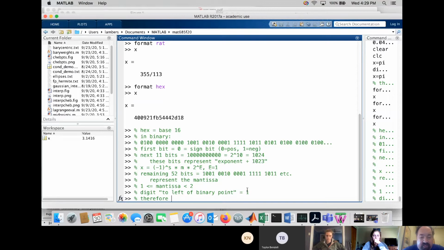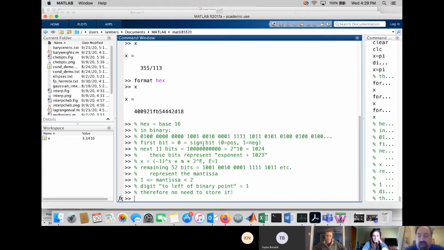Since you know what the digit is, you don't store it here. It's implied. So the mantissa is equal to the implied 1 plus the rest of the digits, which correspond to negative powers of 2, going from left to right. So the first digit corresponds to 1/2. Then we have nothing, then nothing.